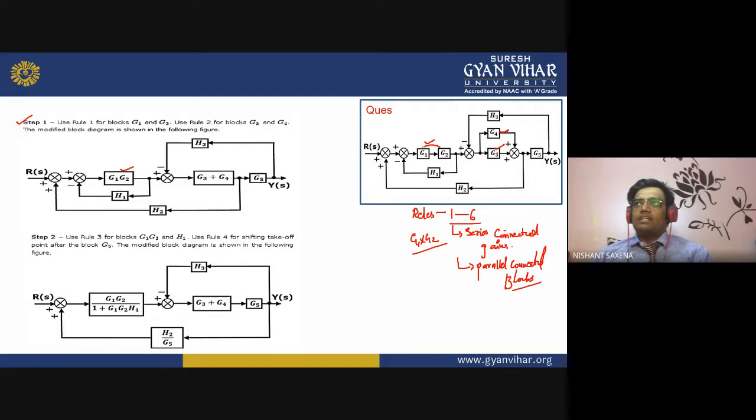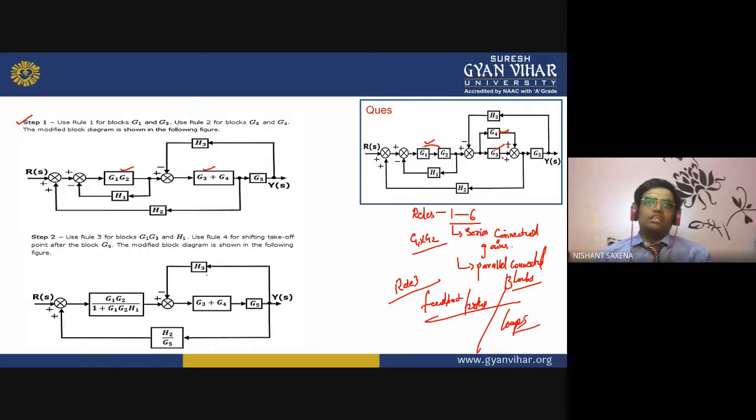When we connect G3 and G4, we can see the polarities of both are positive, so we can reduce them to the G3 plus G4 block. Now in the next step, we apply rule number 3. Rule 3 says that we have to solve the feedback paths or loops.